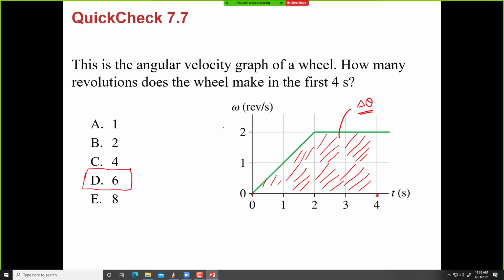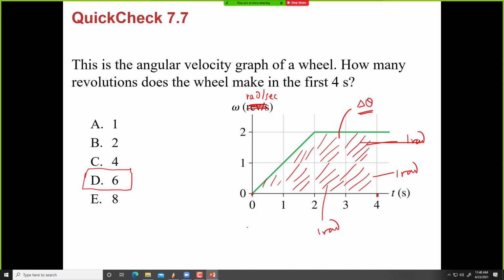Now here the unit is revolution per second, but if we had, let's say, radian per second, then this area would be in units of radian. If you have radian per second here, then this would be 1 radian, this would be another radian, this would be another radian.